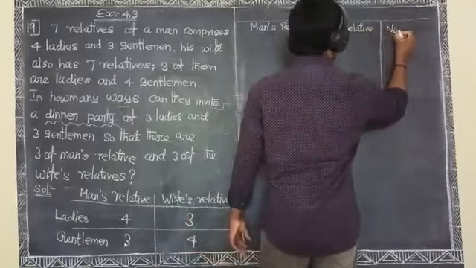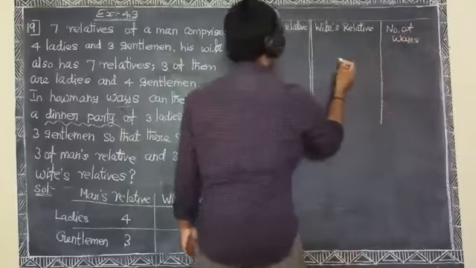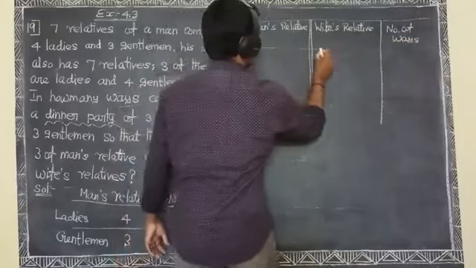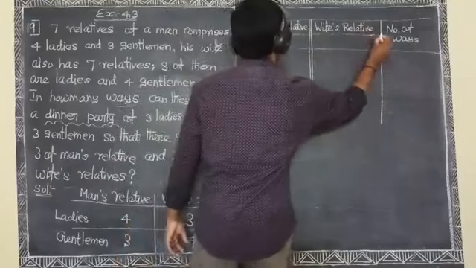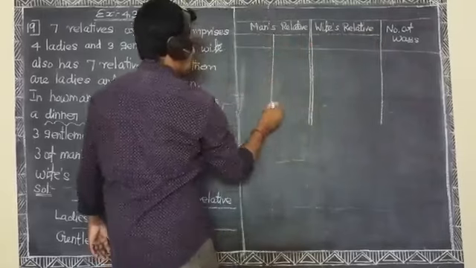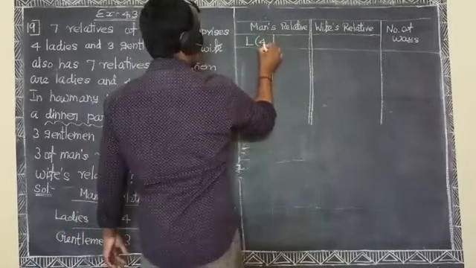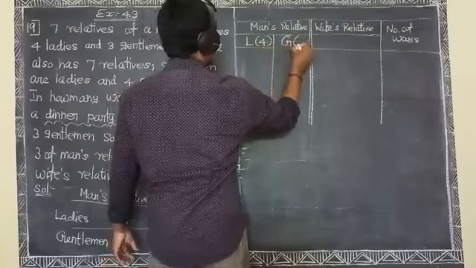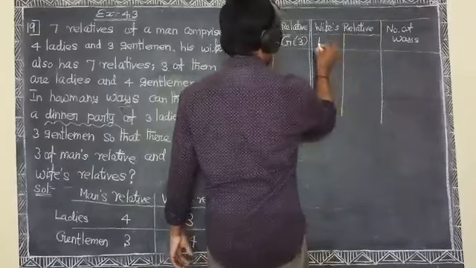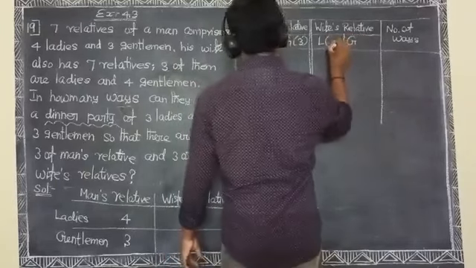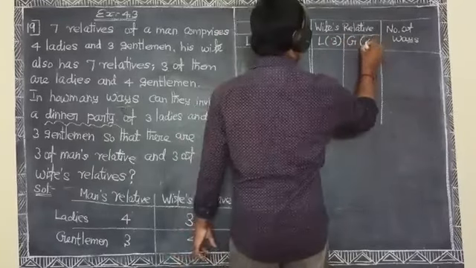Man's relatives: number of ladies is 4, number of gentlemen is 3. In the wife's relative, number of ladies is 3 and gentlemen is 4.